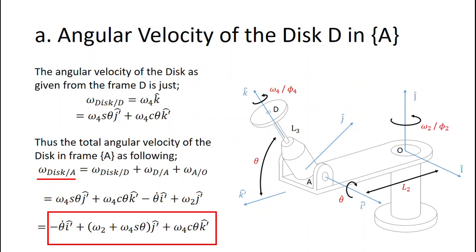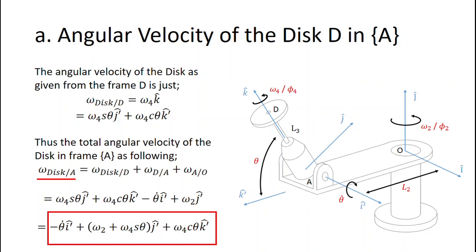Now, the total angular velocity of the disk is just the angular velocity of the disk about its center, plus the angular velocity of the frame A, plus the angular velocity of the frame A in the inertial frame.